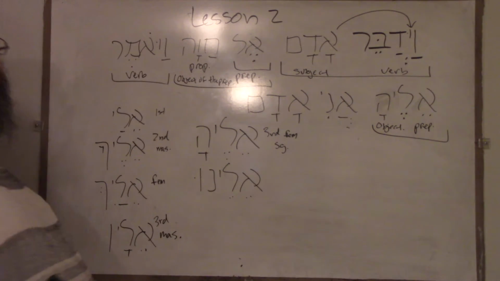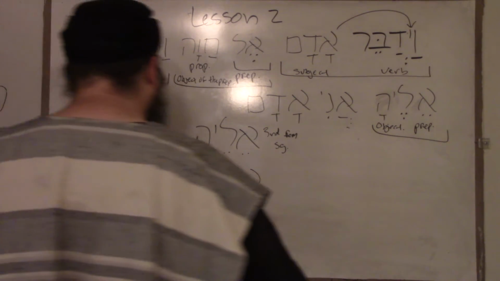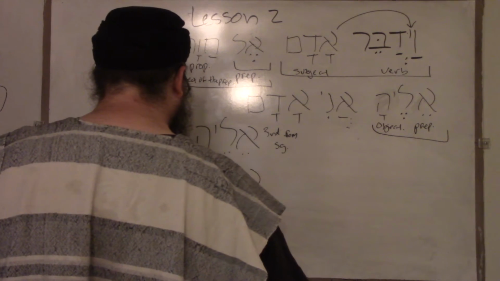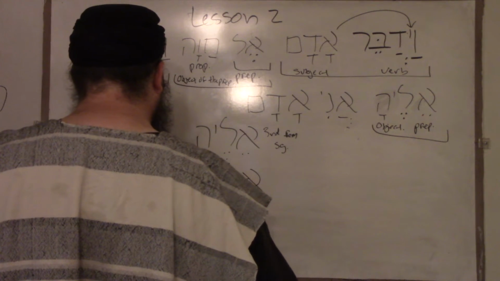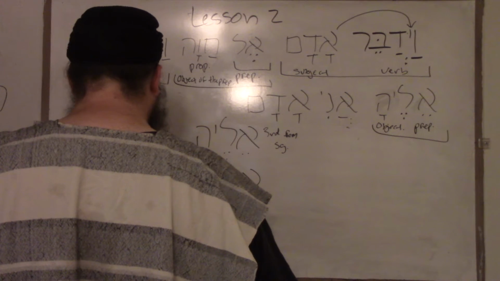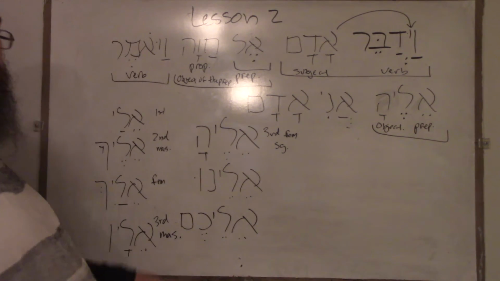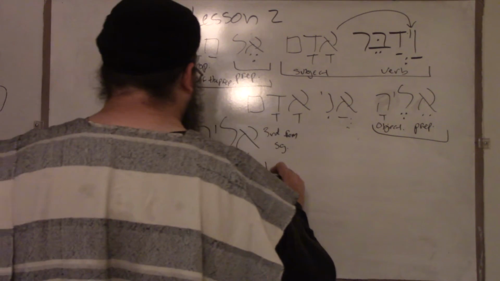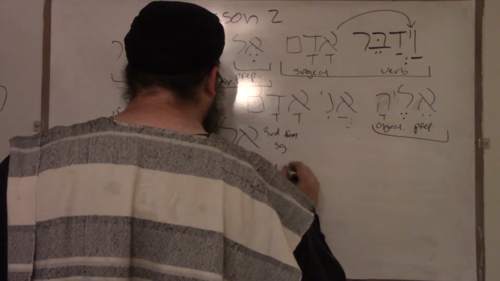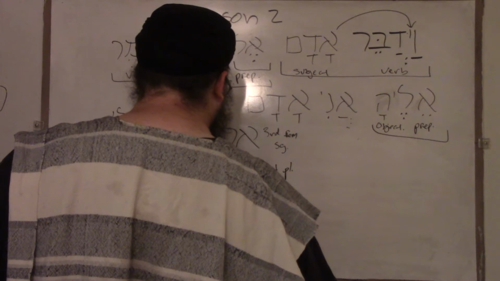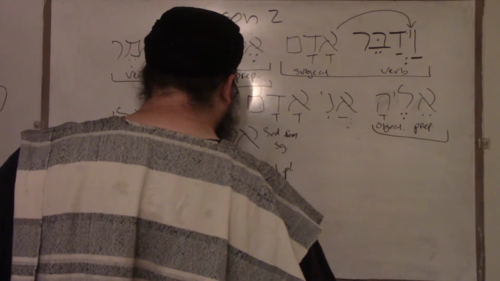Aleinu, unto us. Aleichem, unto you. So here this is first person plural. This is second person plural, and this is masculine.